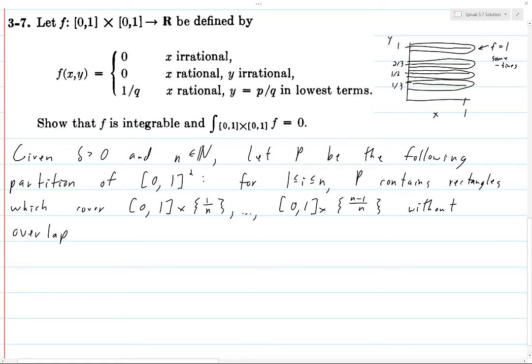Well, 2 fourths is 1/2, and we would have already covered 0, 1 cross 1/2 when we were at the i equals 2 case. So you start at i equals 1 and continue inductively to i equals n, and you don't cover anything that was already covered by a previous smaller value of i. Okay, without overlap.